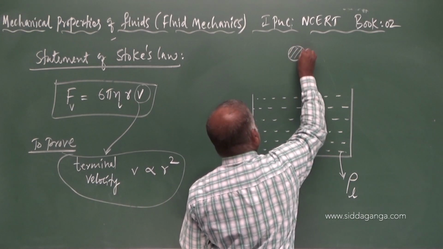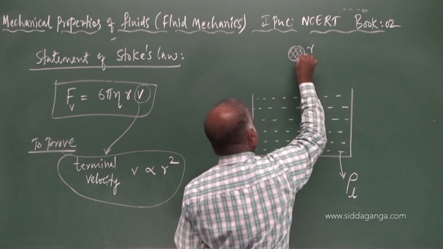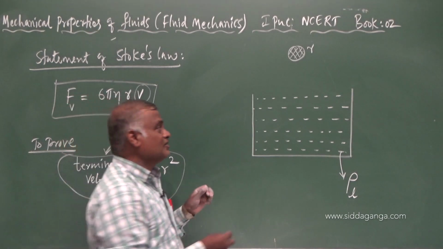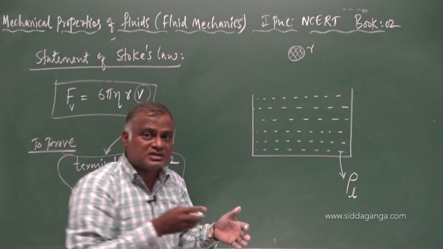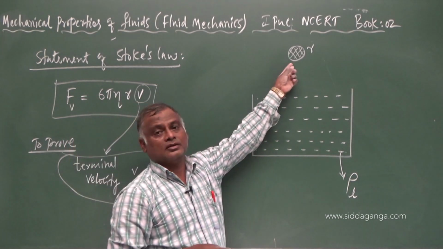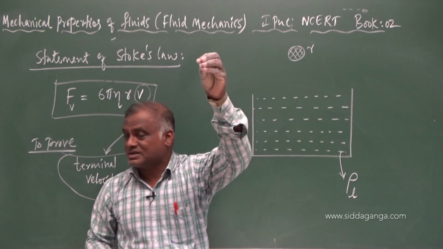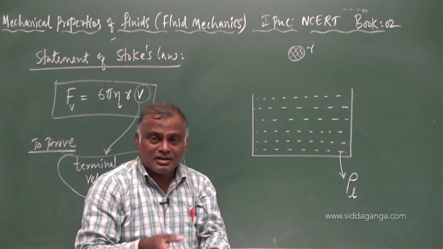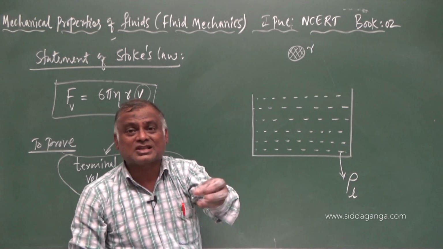This spherical object of radius r is dropped. When dropped, what happens now? It enters the fluid with some greater speed. The object, when dropped from a certain height, enters the liquid with some greater speed.